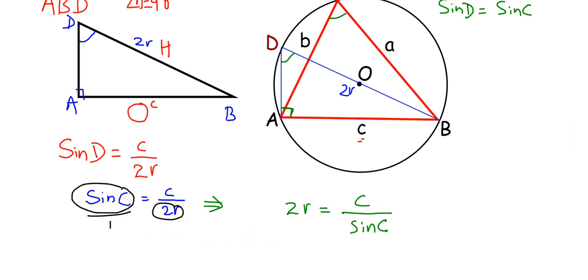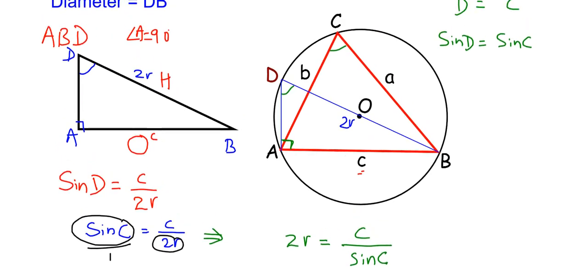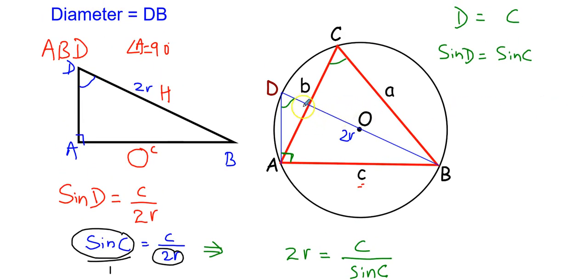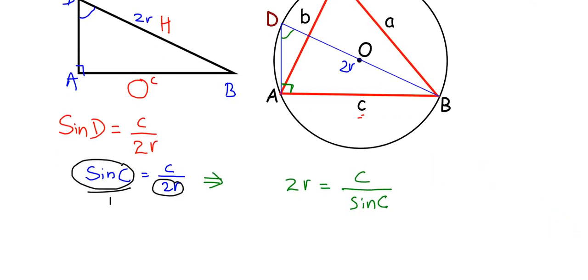Right? So in this whole thing, we made use of this D by introducing that diameter and handling it. You got one ratio, c over sine C is equal to 2r.